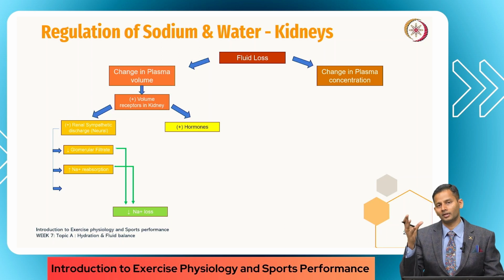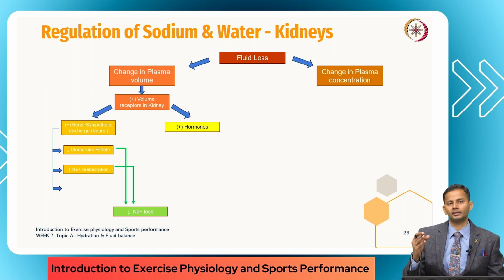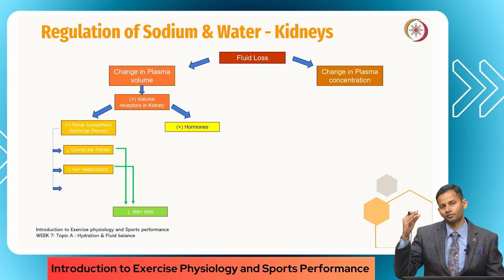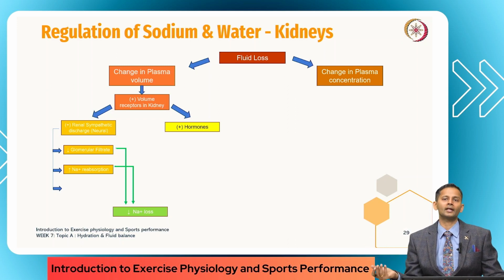Normally when this filtrate is secreted from the glomerulus, it goes through another part of the nephron called the tubules. There are different parts of the tubules, and as the fluid passes through this tubule, all the necessary electrolytes which are not considered waste products are reabsorbed by the body so that it can be reused.